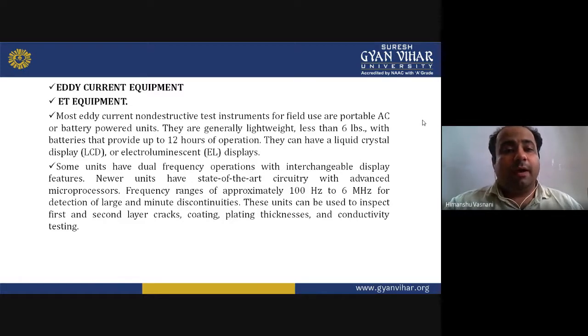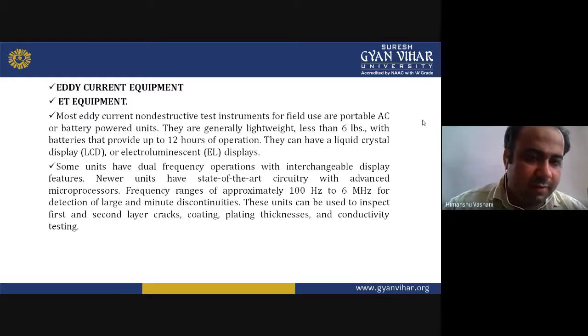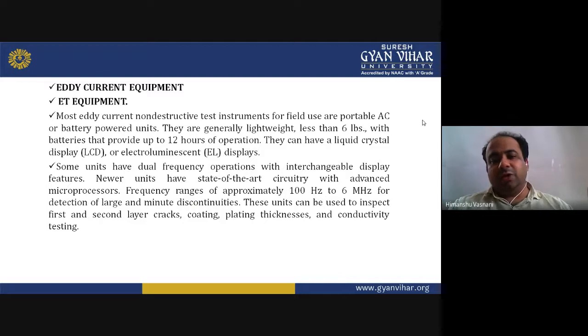Mostly, eddy current non-destructive test instruments for field use are portable AC or battery powered units. They are generally lightweight, less than 6 lbs, with batteries that provide up to 12 hours of operation. They have a liquid crystal display (LCD) or an electroluminescent display.